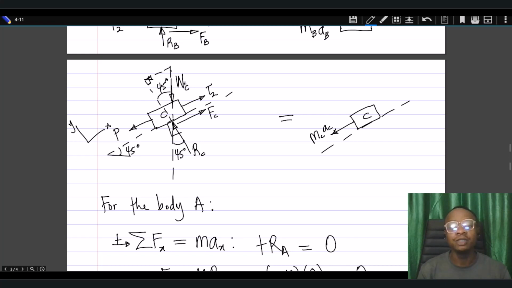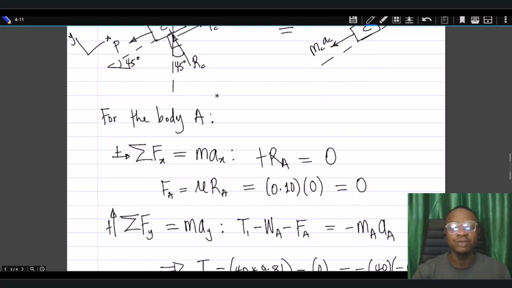So with that, we know there is going to be the component of the weight which acts down the incline, which is given by WC sine 45 degrees. That will be negative WC sine 45 degrees. Then minus P, then plus T2, then plus FC. So with all of those, we are good to go.